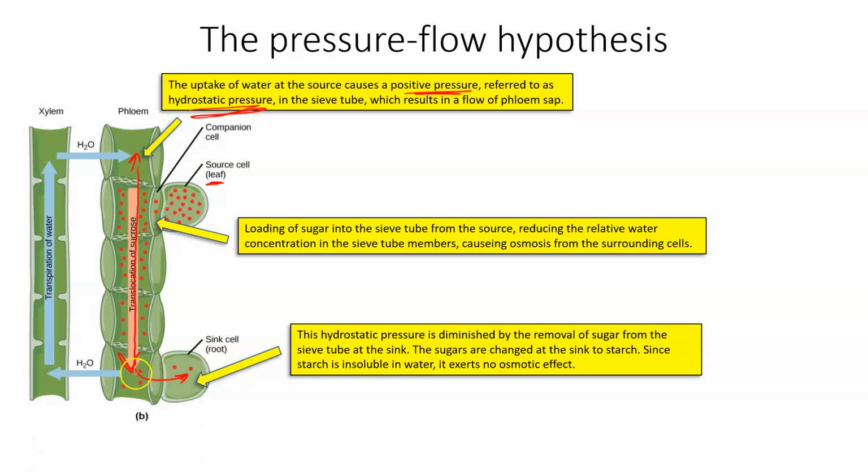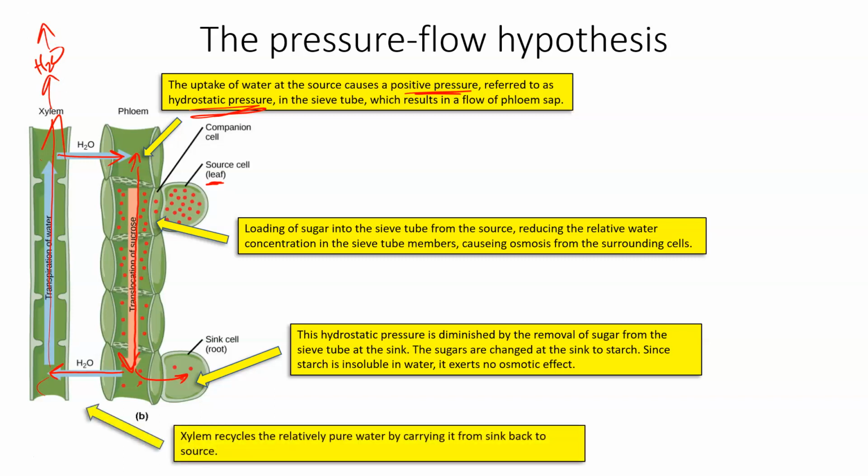Because we are pulling the solute out and turning it into starch, it is increasing the water concentration here by decreasing the solute concentration, and therefore osmosis will occur in the opposite direction back into the xylem, which increases pressure here and follows the normal transpiration flow of water up the plant, as the water is both pulled out of the xylem due to that hydrostatic pressure, but also released as water vapor through transpiration out of the leaf.